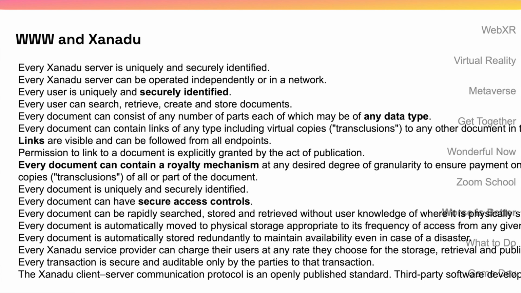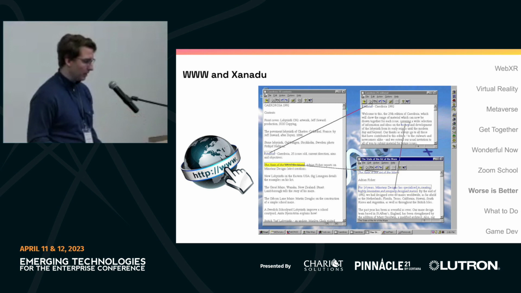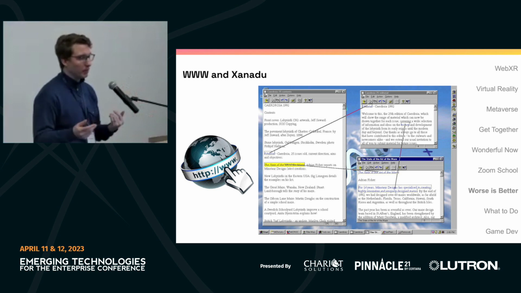It didn't really come to fruition, and it took them a long time to build even any prototypes and release those. But this group was pretty upset when the World Wide Web came out and started taking hold. So the World Wide Web is a much simpler system. It was Tim Berners-Lee at CERN looking at all the documentation and data CERN was producing and saying, we need a way to index this.